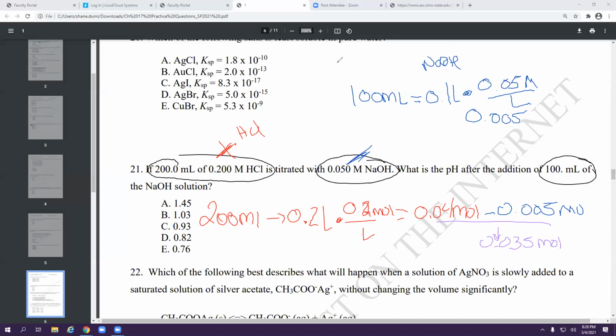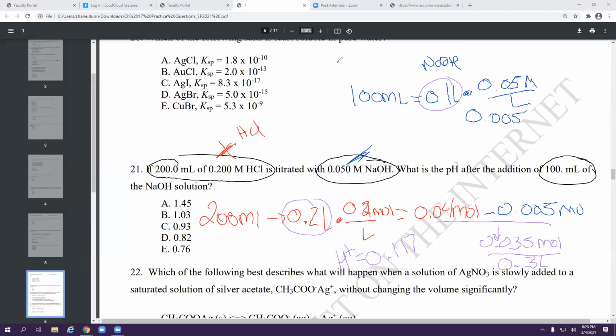0.035 moles. The issue here being is I changed the volume, correct? Because I titrated them. Is that going to change the volume, if I added two things together, yes or no? So if I add the volumes up, 0.3 liters, so 0.035 divided by 0.3 liters, I'll get a concentration for hydrogen to equal 0.117.